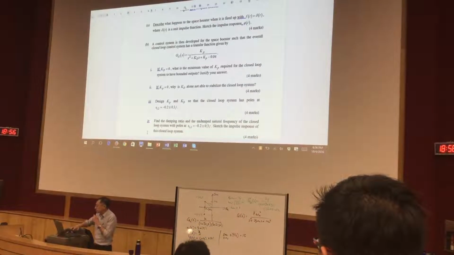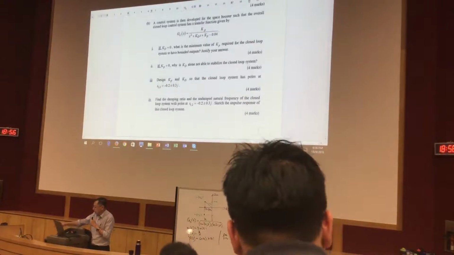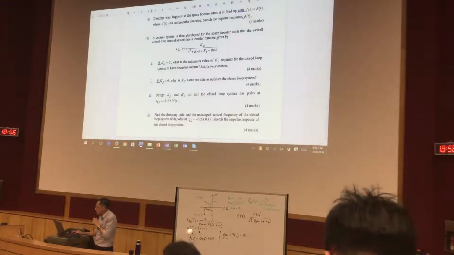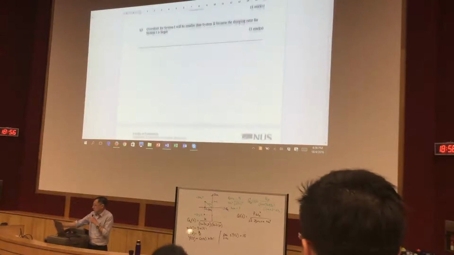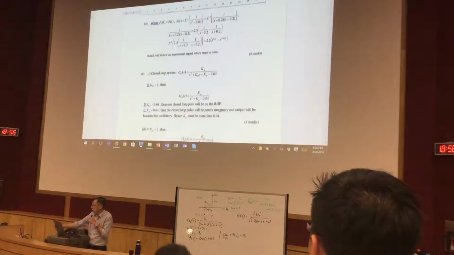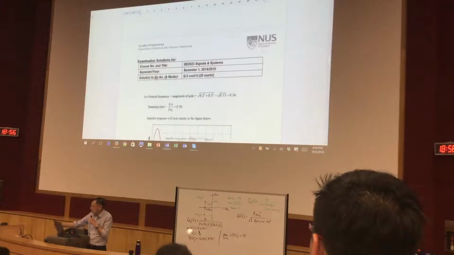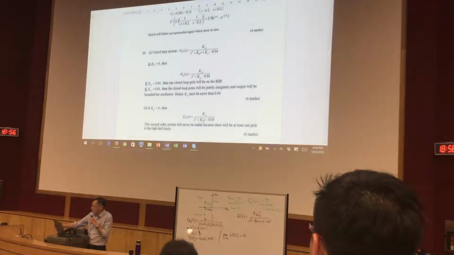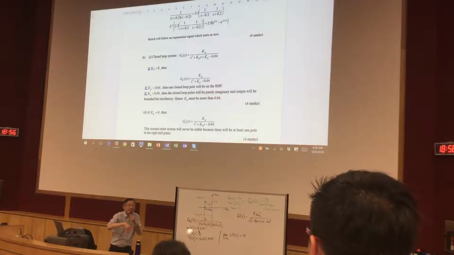So let me just show you. That's question 5. That's it. It's quite long, put everything in one go. And you're also supposed to sketch the impulse response. So of course you know that it will oscillate and then die out. That one you know, that's the second order underdamped system.